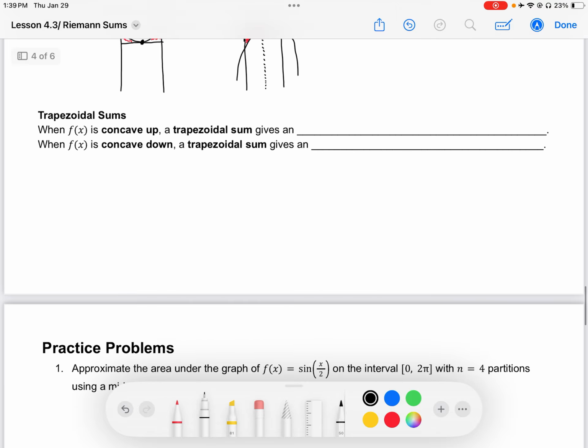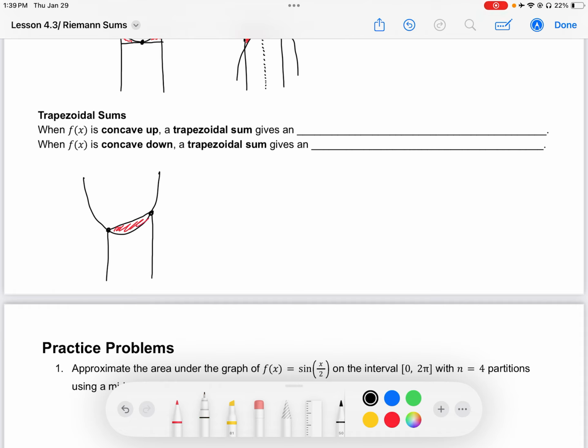Something very similar happens with trapezoidal sums. So let's say I have a concave up function, and let's say I go from here to here or something. Trapezoidal just connects these two. So you can clearly see that I'm getting more area than I should. I shouldn't get that area.